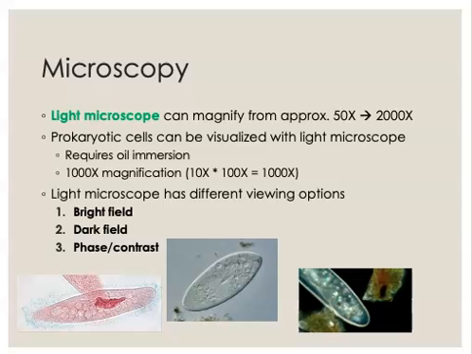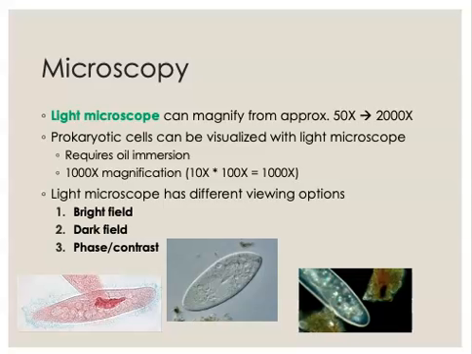This high-powered lens on a light microscope that can magnify 100 times is called an oil immersion lens. You literally have to put a drop of oil onto the slide over the specimen in order for the lens to show that specimen through the eyepieces.